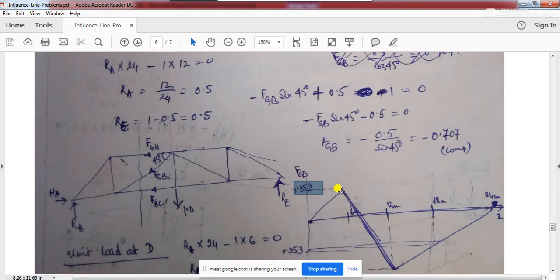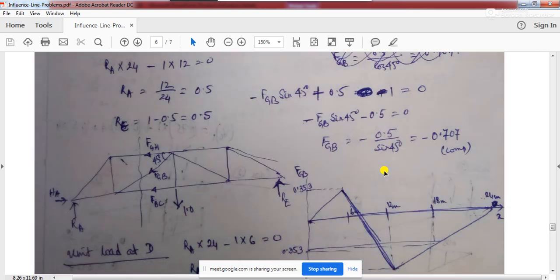So the maximum tensile force which may occur at the member GB because of the 10 kilonewton load will be 10 multiplied by 0.353. And the maximum compressive force which may occur in the truss member will be equal to 0.707 multiplied by 10, because this ordinate is your maximum ordinate.